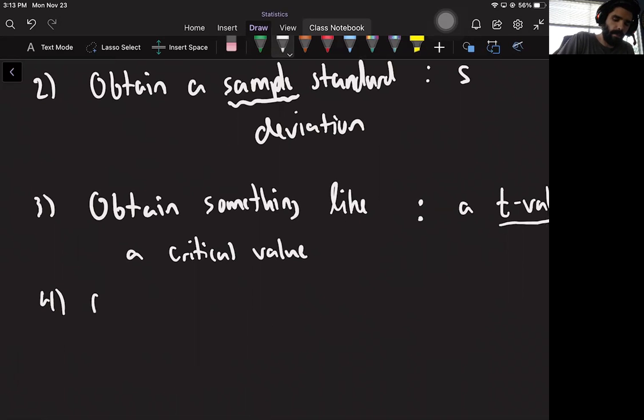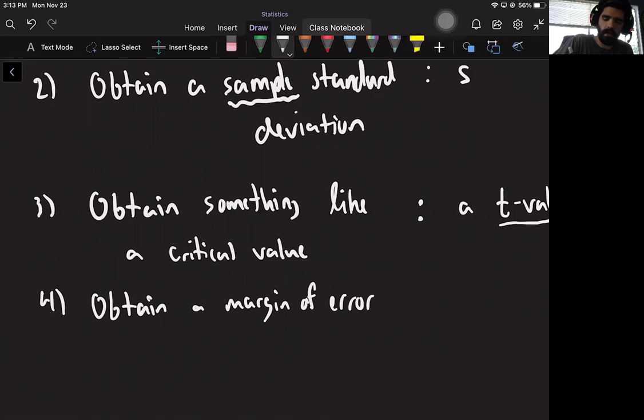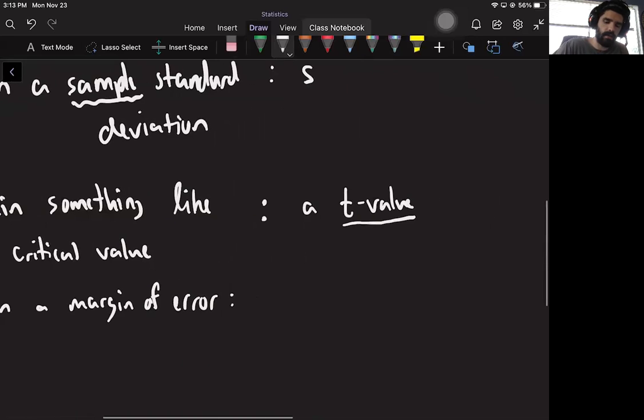And then after we had the critical value and the standard deviation, we multiplied them together to get a margin of error. That's going to be the same, because that's just how wide the confidence interval actually is. But now instead of a critical value, it's this t-value that we multiply to the standard deviation.